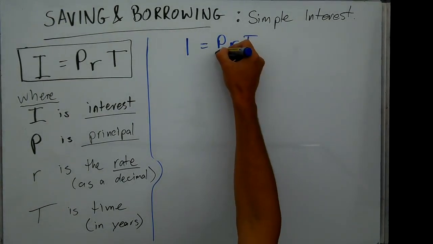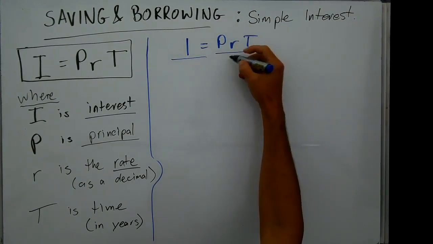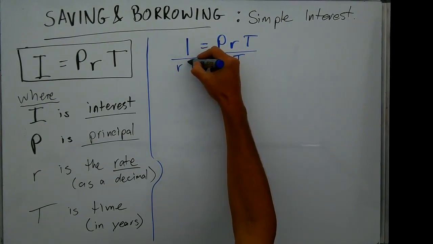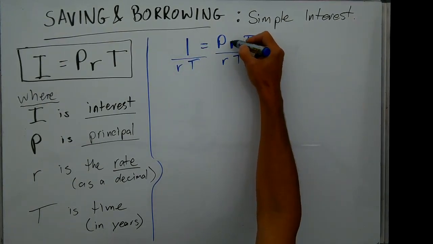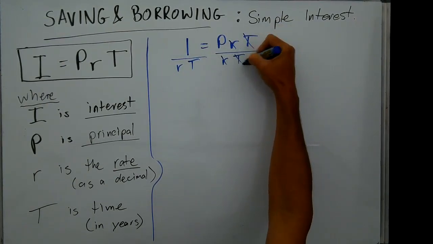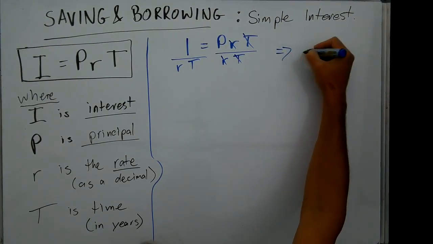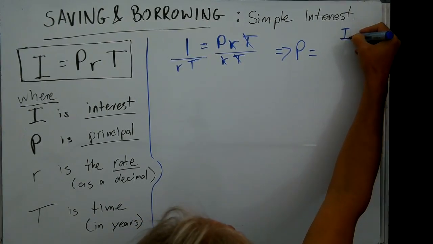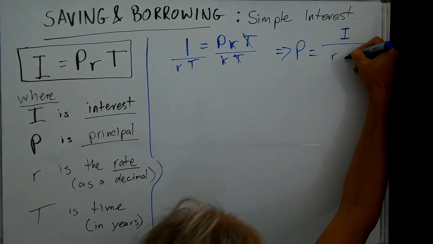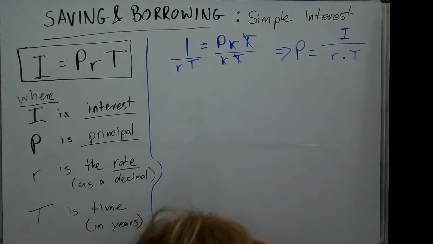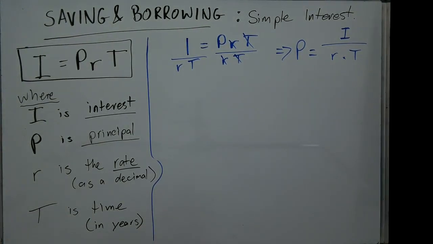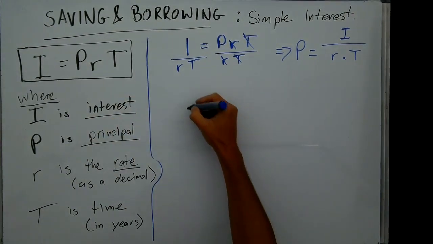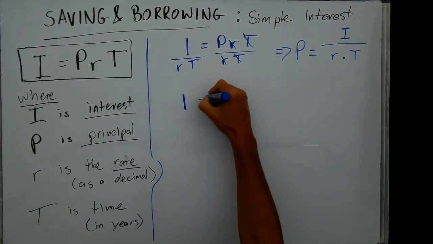First of all, I'm going to divide both sides by the rate times the time. Over here we've got the rate divided by the rate, the time divided by the time. So we end up with the principal equals the interest divided by the rate times the time. And it's essentially the same process for working out the other variables.